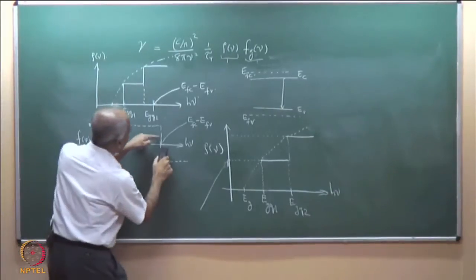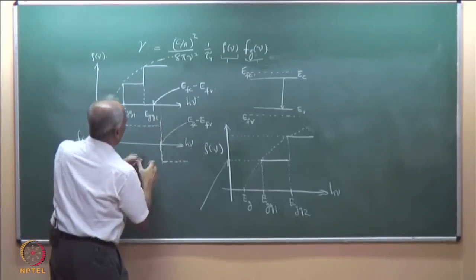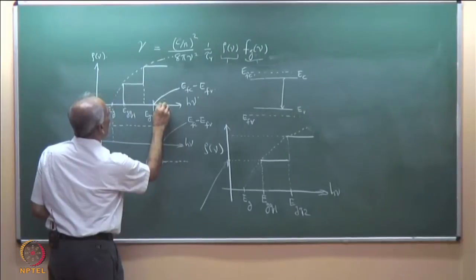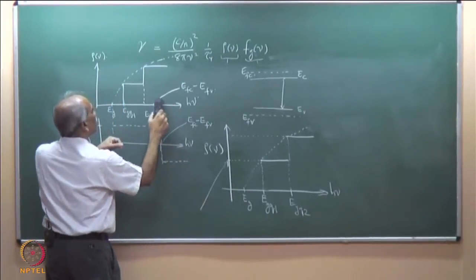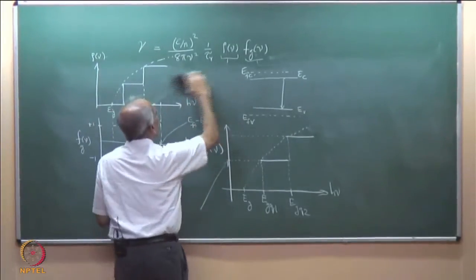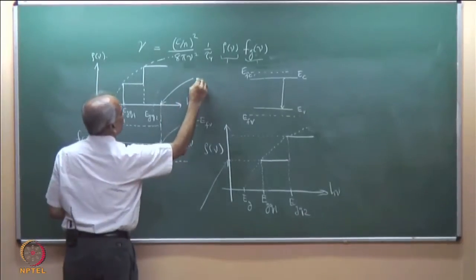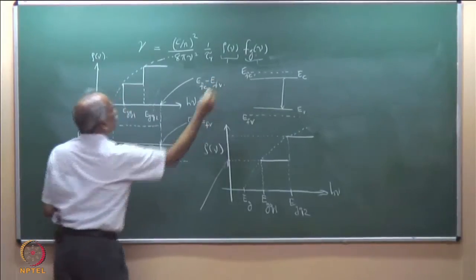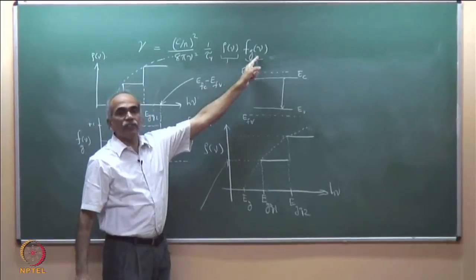I could show it on the same line, because all the 3 figures which I will get will be one below another. So, this is EFC minus EFV. So, the product of rho nu into Fg of nu.